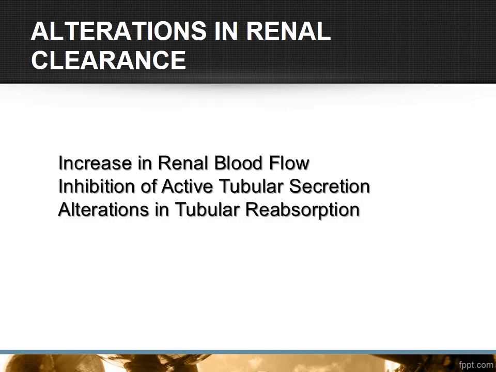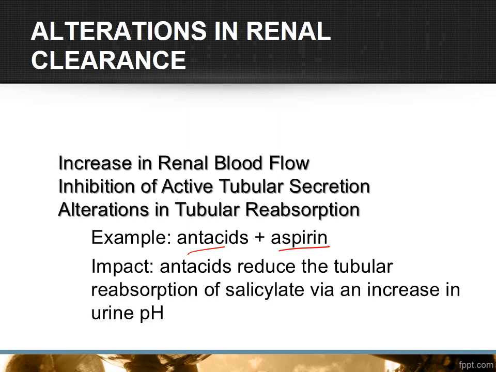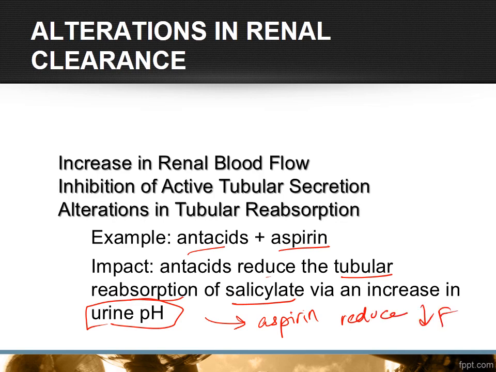Alright, so another example of how alteration in renal clearance can cause drug-drug interaction is by alteration in tubular reabsorption. For example, when antacid is given with aspirin, the antacids will reduce the tubular reabsorption of salicylate via an increase in urine pH. So this will cause the plasma concentration of aspirin to eventually reduce. So bioavailability reduces.